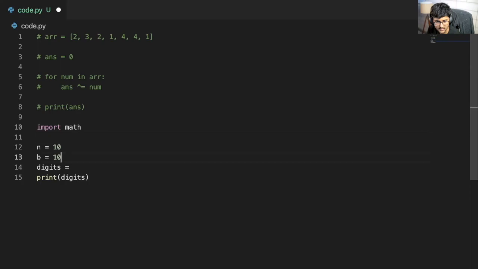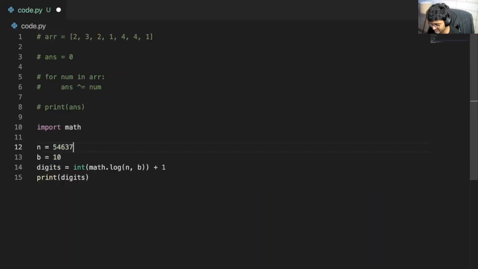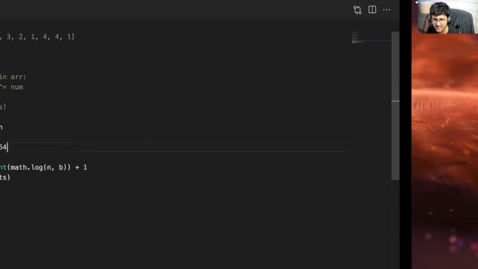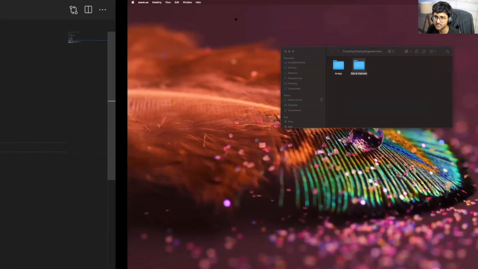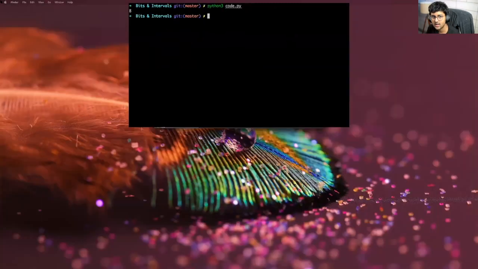Import math. So I can say digits is equal to integer of math dot log n base b plus 1, and then print digits. If I'm taking any number, 1, 2, 3, 4, 5, 6, 7, 8, this should show me 8 digits because this number in decimal representation contains 8 digits. How cool is this?